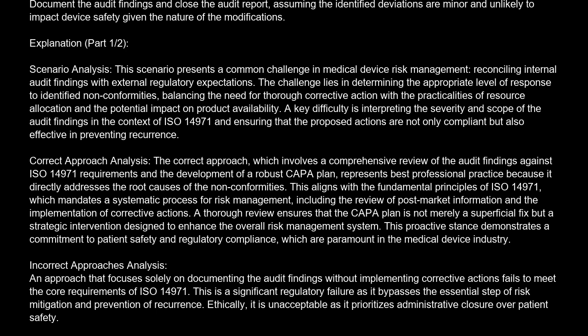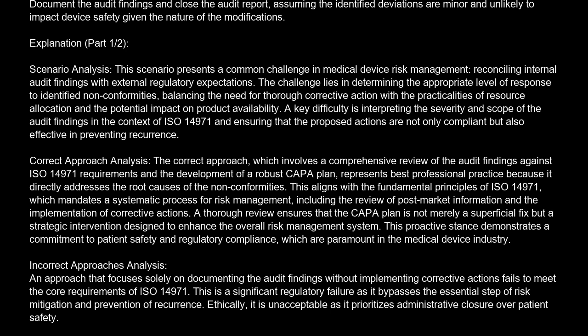Correct approach analysis. The correct approach, which involves a comprehensive review of the audit findings against ISO 14971 requirements and the development of a robust CAPA plan, represents best professional practice because it directly addresses the root causes of the nonconformities.